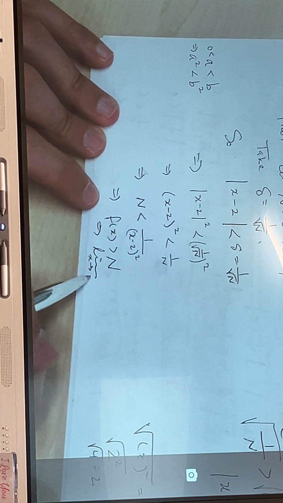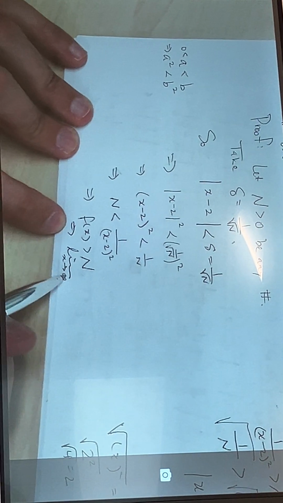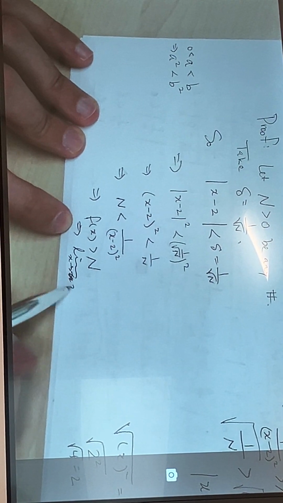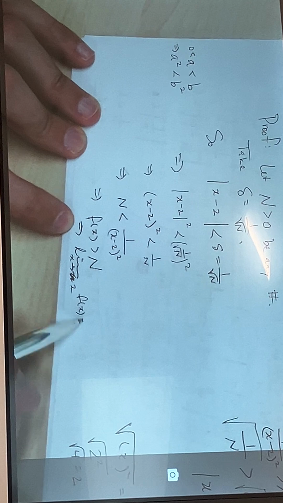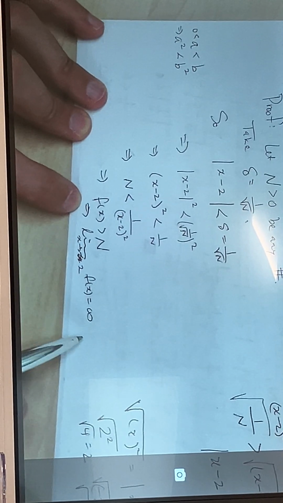So the limit as x approaches infinity, no, it's not as x approaches infinity, x approaches 2 of f of x is infinity. We proved that one.